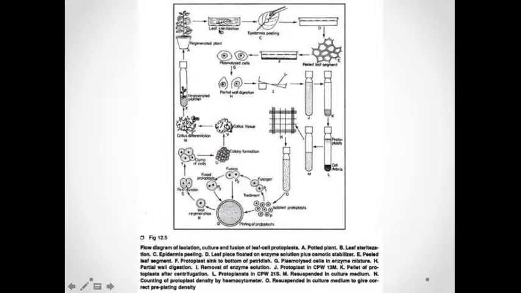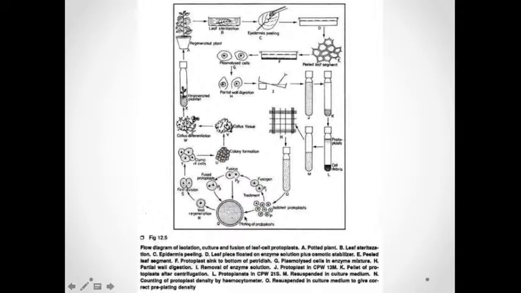So starting from the leaf, the protoplast is obtained from the cell culture. Then you remove the cell wall, then you remove the enzyme, then you do the centrifugation. In centrifugation you have protoplasts in the upper layer, then you resuspend into the medium and count your cells. Then you make a suspension culture. Then within the suspension culture you do plating of the protoplasts on the plate.